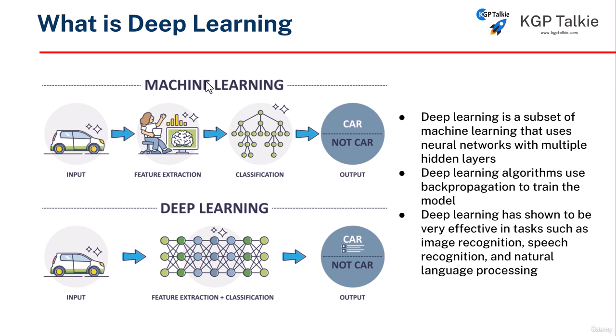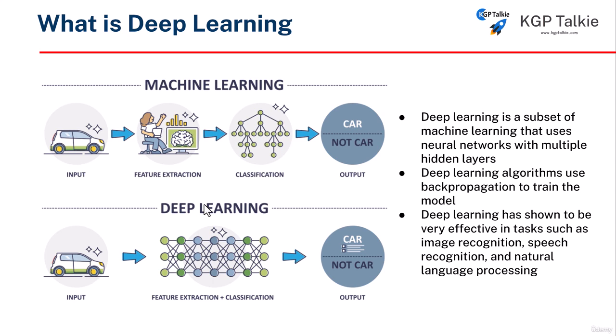The other difference between machine learning and deep learning, when I say machine learning, I'm talking about classical machine learning. So the classical or traditional machine learning algorithms are like linear regression, logistic regression, support vector machine, random forest, or decision tree.